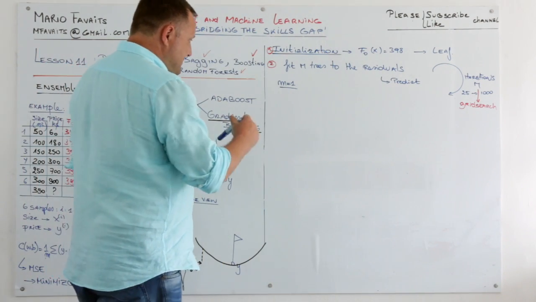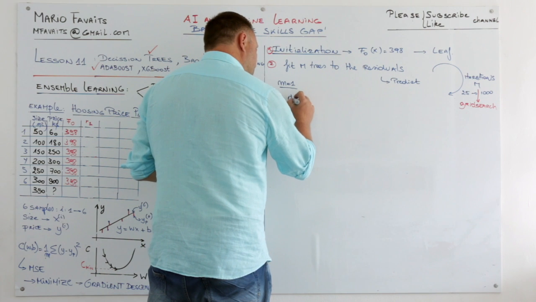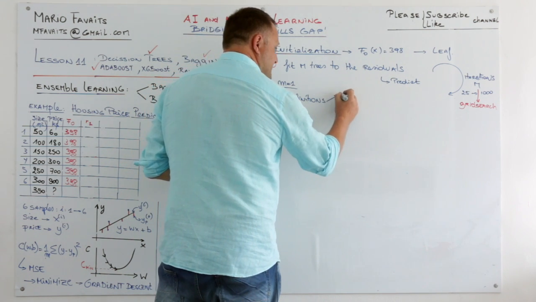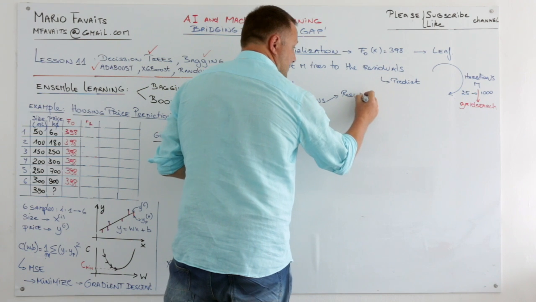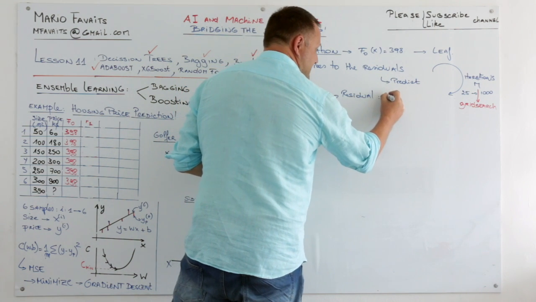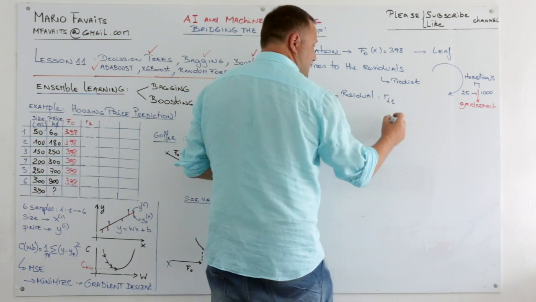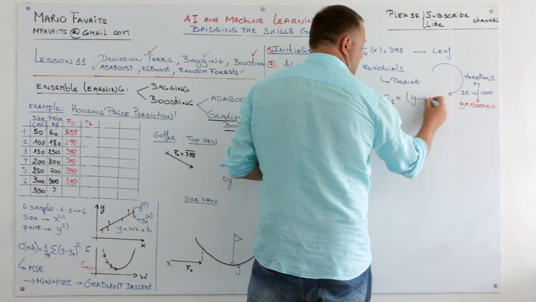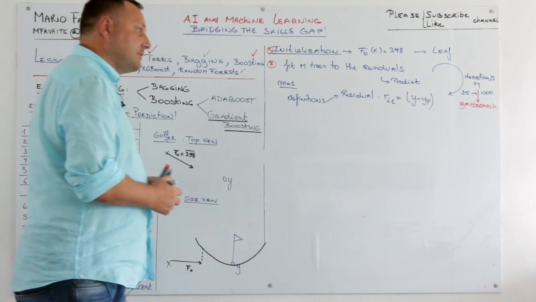So two definitions we want to have here. One is the residual, and basically the residual Ri1 equals y minus y predict. That's the residual.